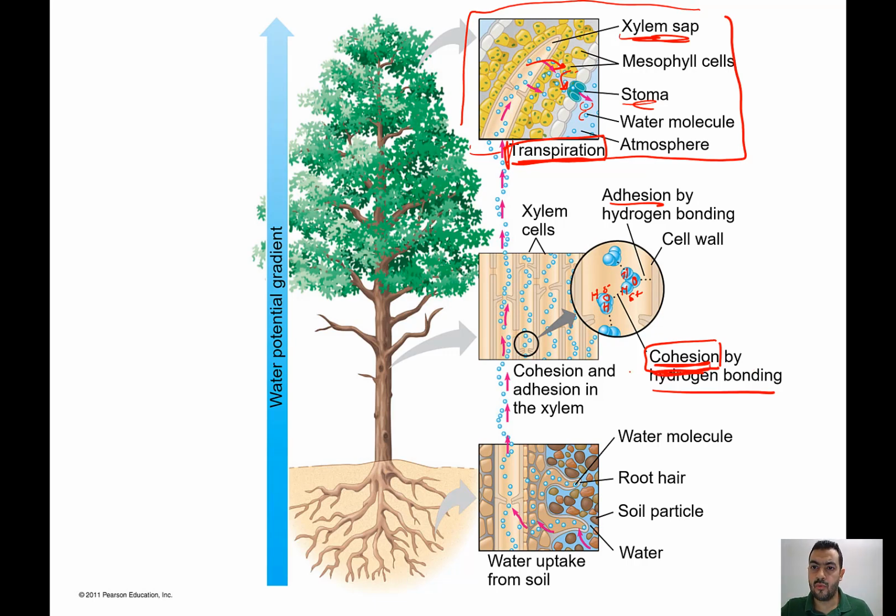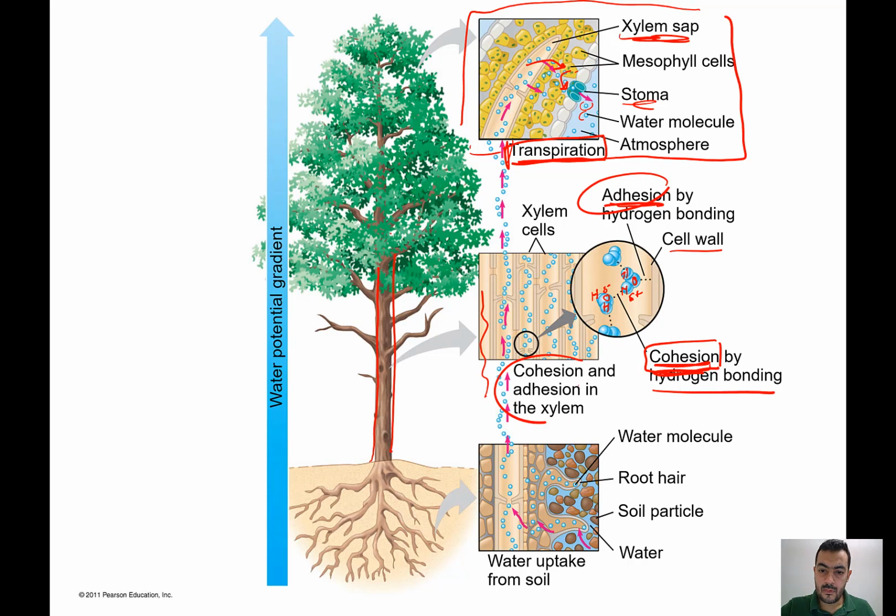In addition to that, we have also adhesion forces between the water molecules and the cell wall of the xylem vessels. So the result of adhesion and the result of cohesion, both of them facilitate the movement of water even in the very long plants or like trees.